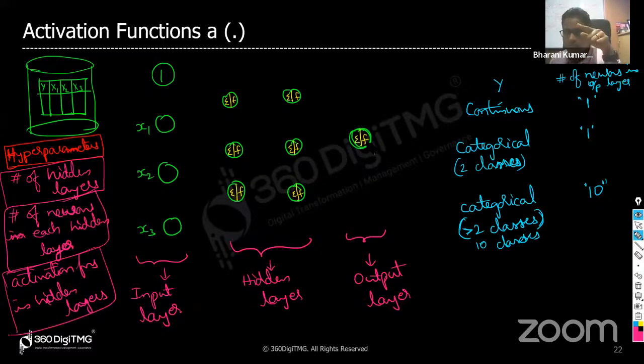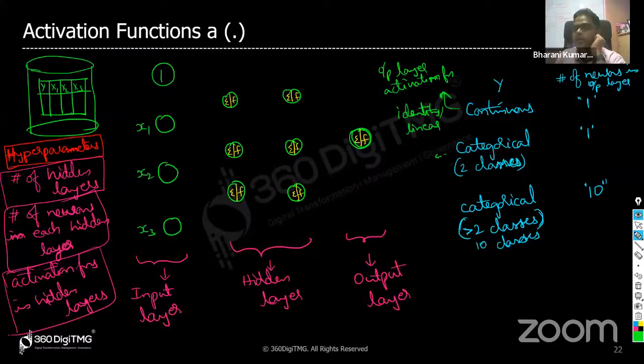The activation function in the output layer also varies, but there are certain defined thumb rules. If your output variable is continuous, the output layer activation function is going to be the identity function or a linear function.